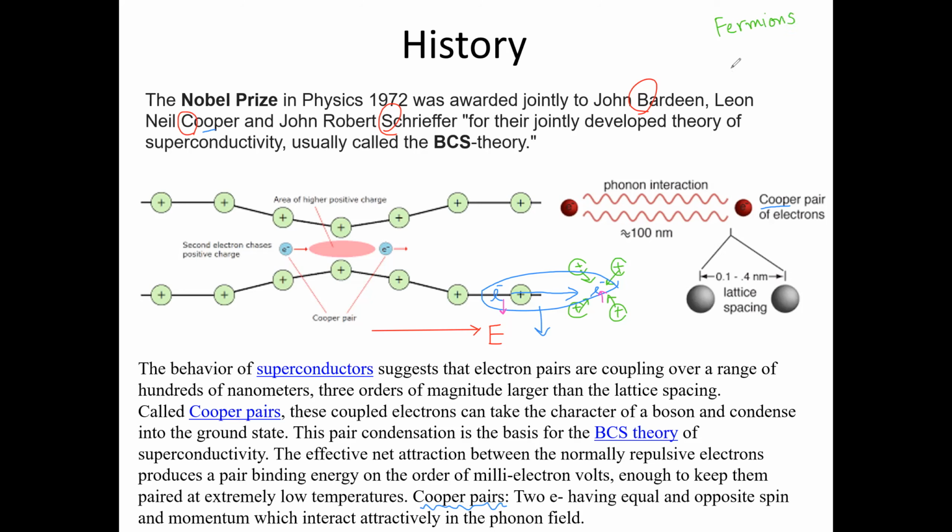Some of you may want to review these words, fermions and bosons. Fermions have half-integer spin, like 1/2, 3/2, but bosons have complete integer spin, like 1, 2, something like that.